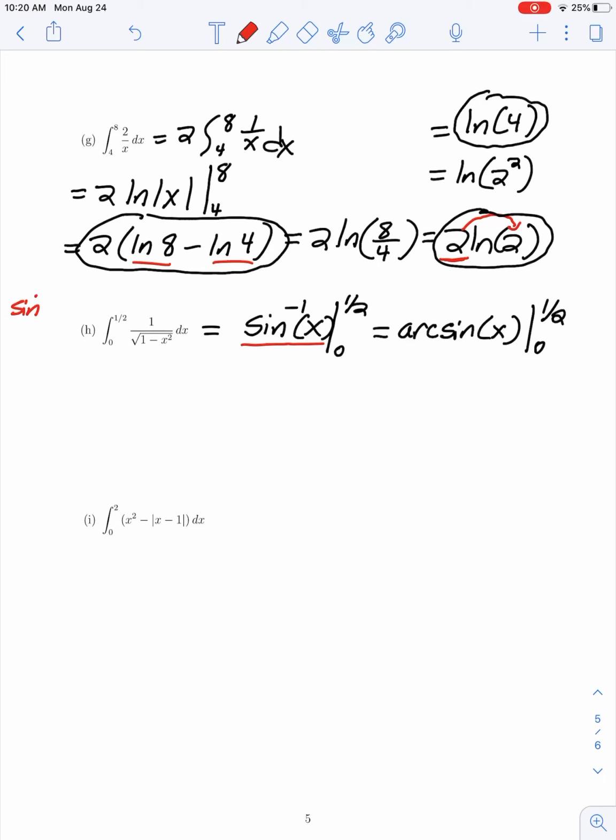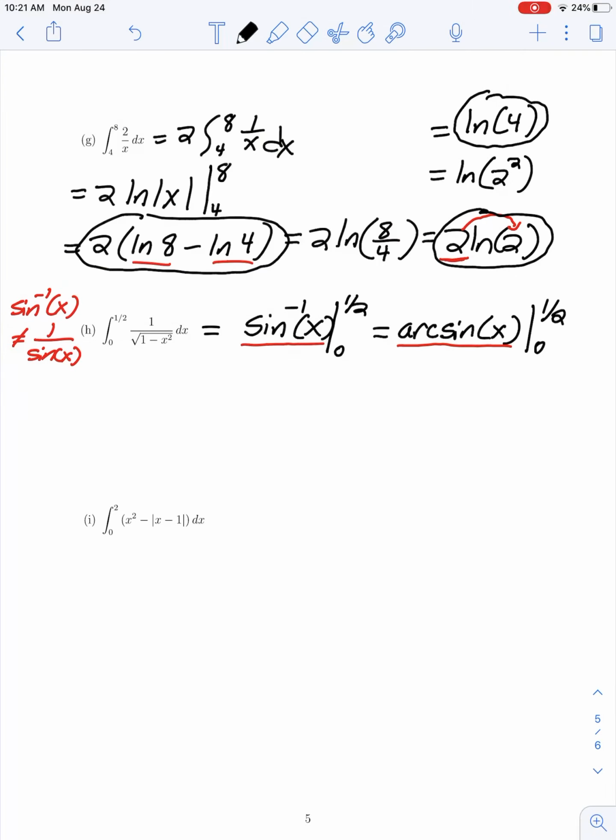So the notation sine inverse of x is not the same as 1 over sine x. Recall 1 over sine x is cosecant x, which is not the same as the inverse of the sine function. So just a word of warning there. So it may be beneficial to use this notation, arc sine of x, to avoid making that notational mistake.